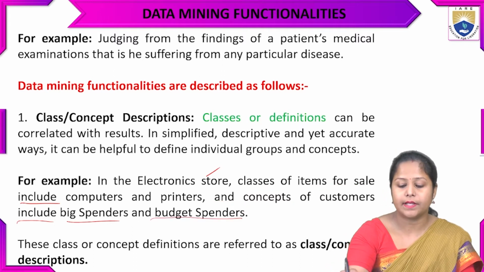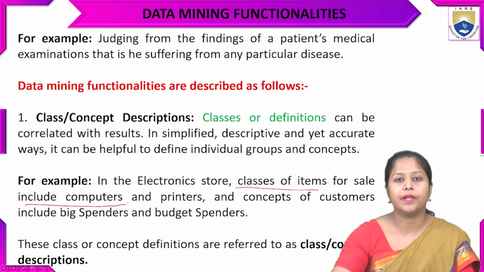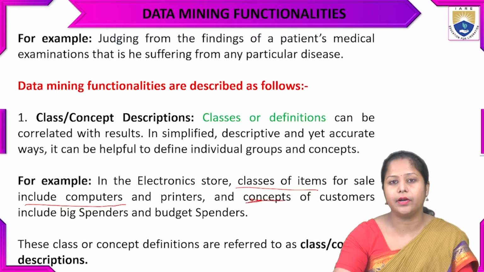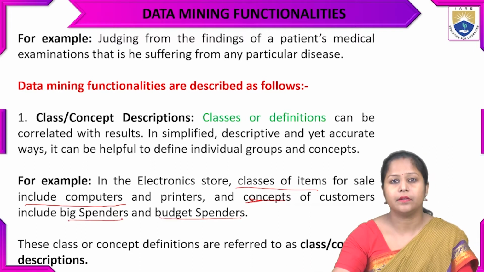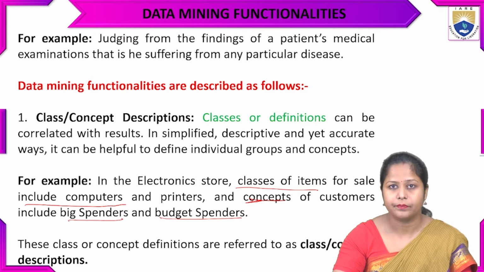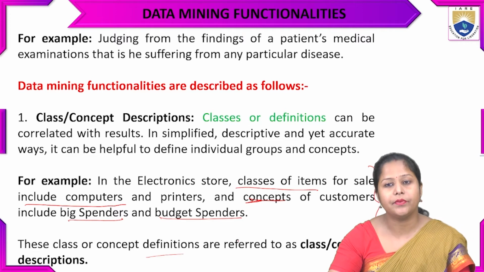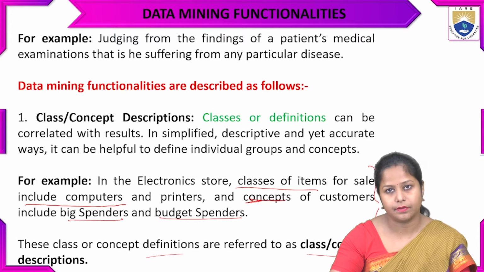So here, the classes of items are the sale of computers and printers, and the concept for the customer includes big spender and budget spender. So two types of customers are there. These classes or concept definitions are referred to as class and concept descriptions.